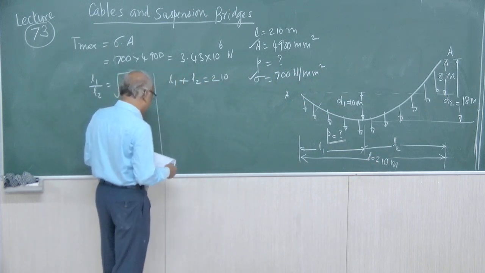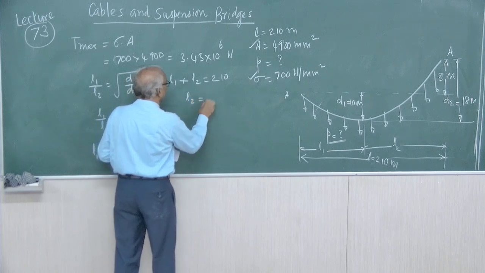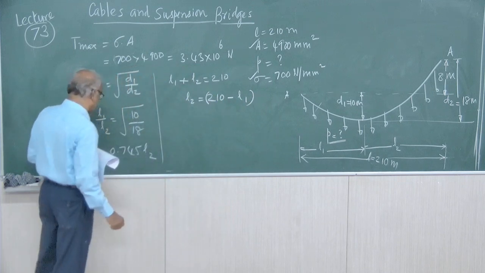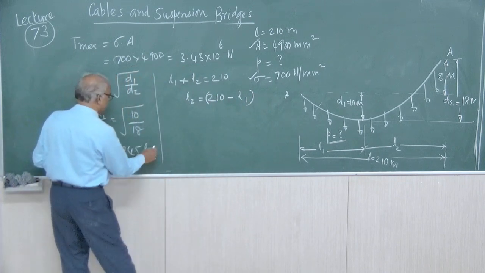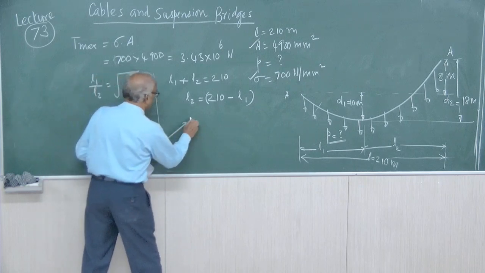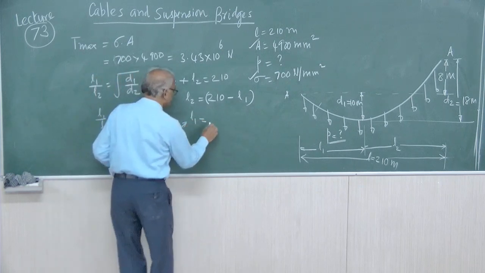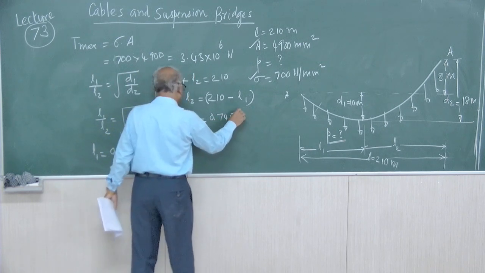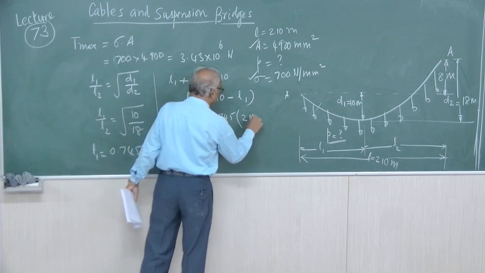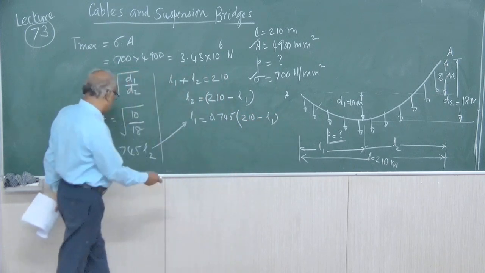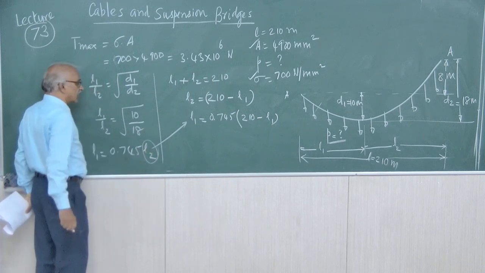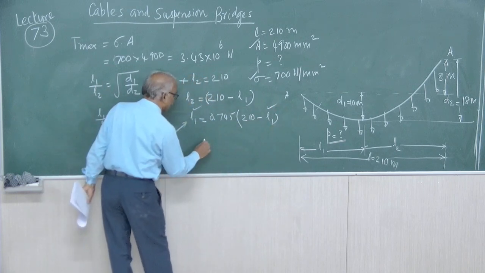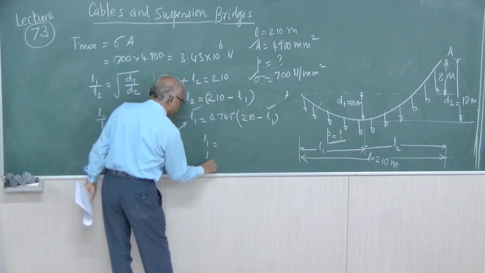Or we can find the value of L2: L2 equals 210 minus L1. So this we can substitute in this equation, L1 equals 0.745 into L2, where L2 equals 210 minus L1. We can find the value of L1 and then the value of L2.